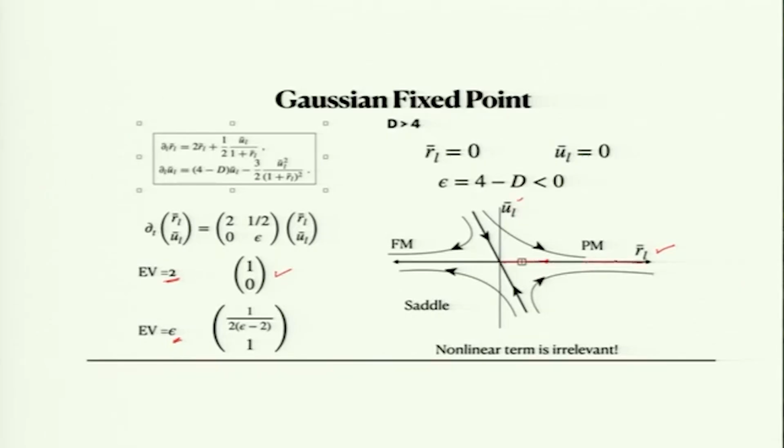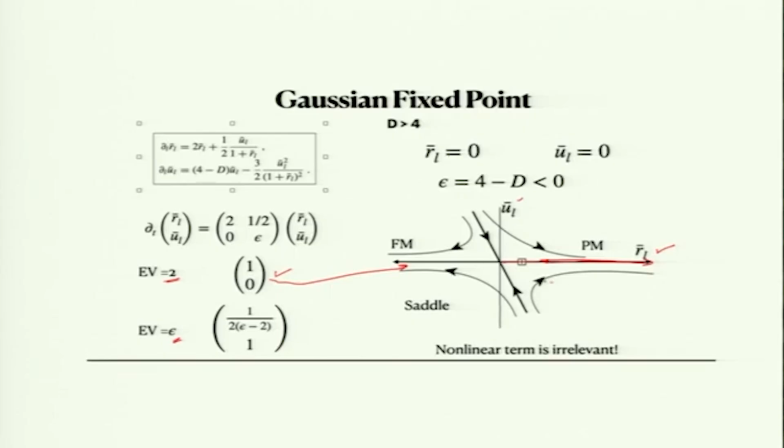This is one eigenvector, corresponding to 1 0. Instead of 1, alpha can be any number that will satisfy the eigenvalue equation.